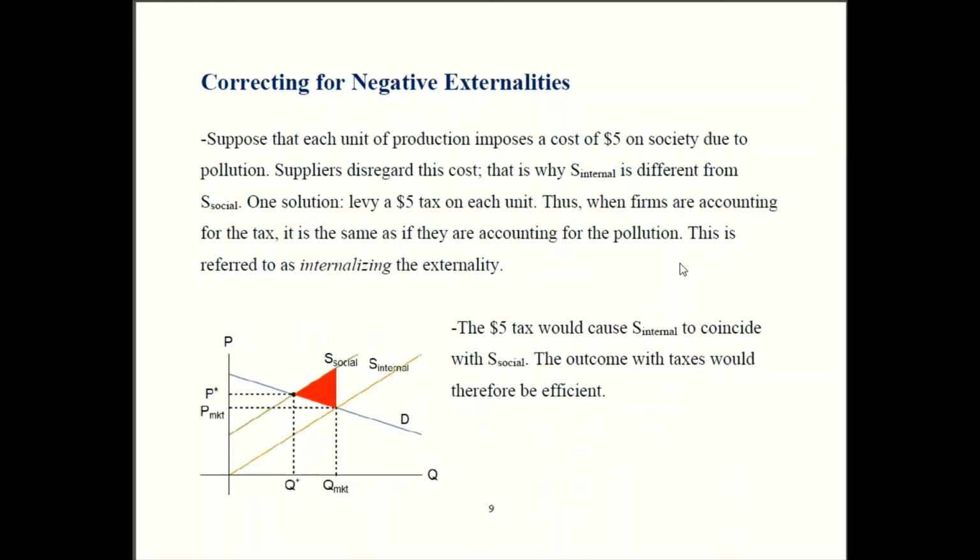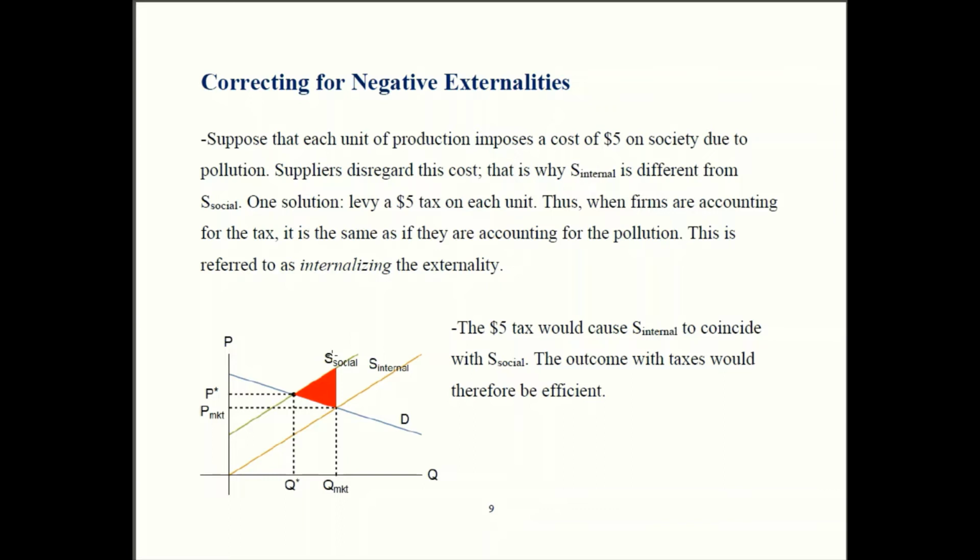So back in our earlier example, things look pretty easy. You have this $5 tax from pollution, this $5 of harm from pollution. So create a $5 tax, and now it'll be efficient again. Well, do we really know how harmful pollution is? We know pollution is a bad thing, but do we know exactly how bad it is? Do we really have that estimated precisely?